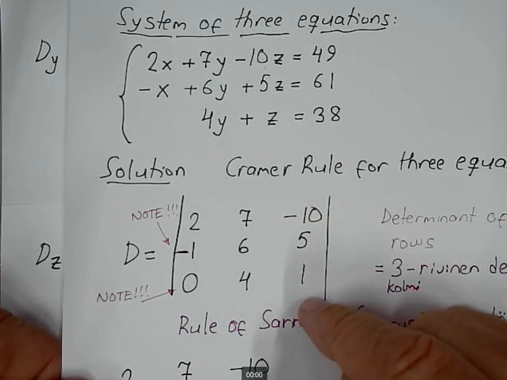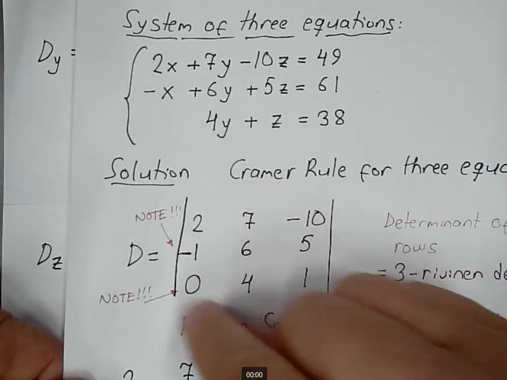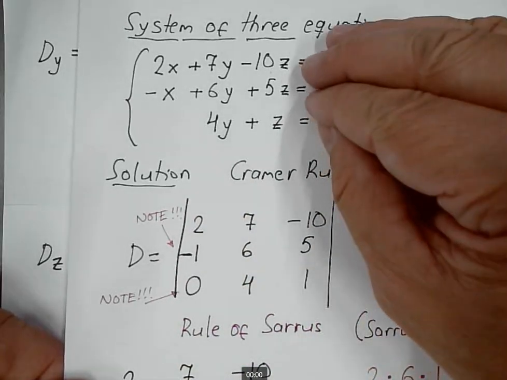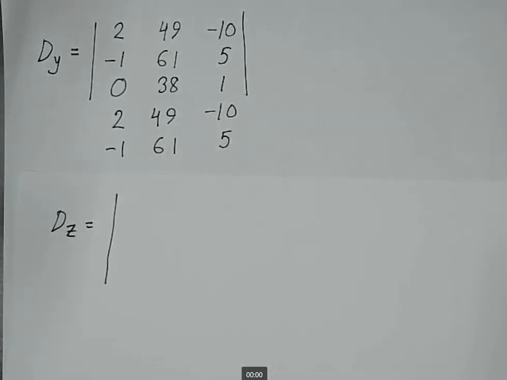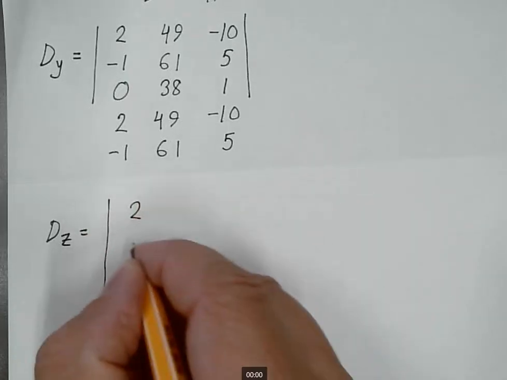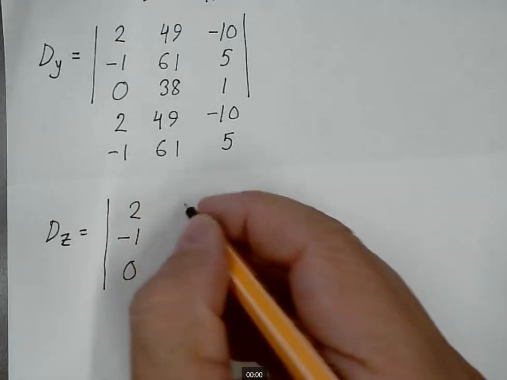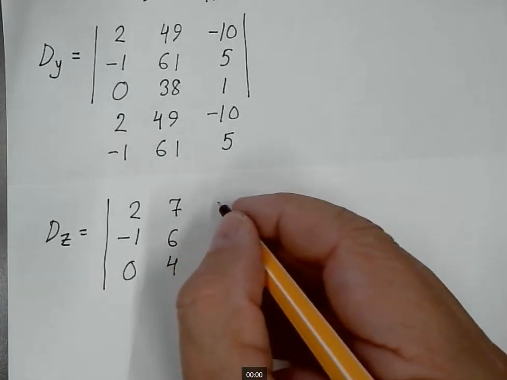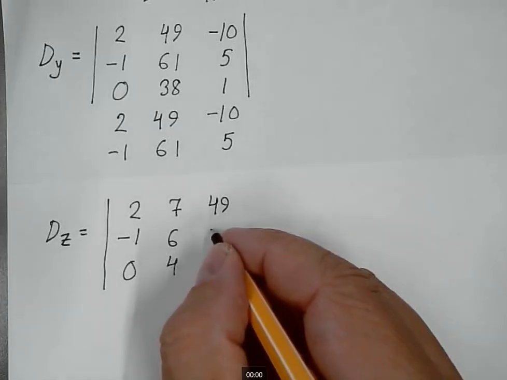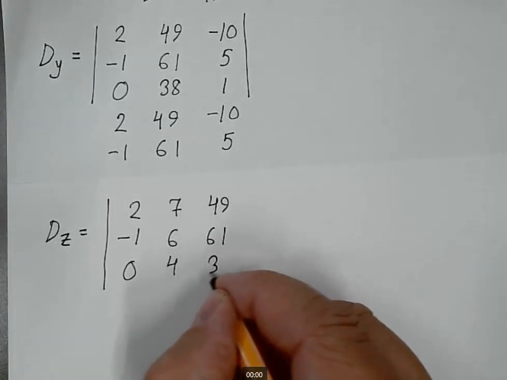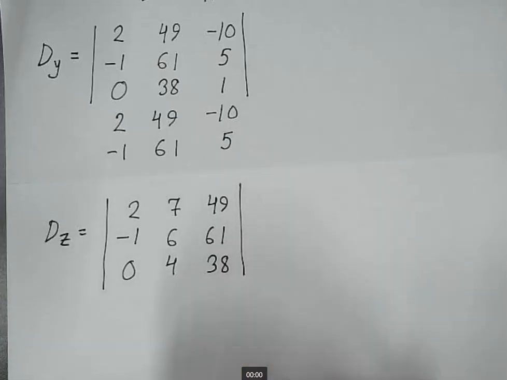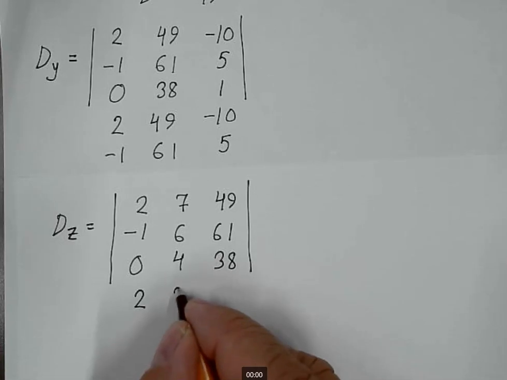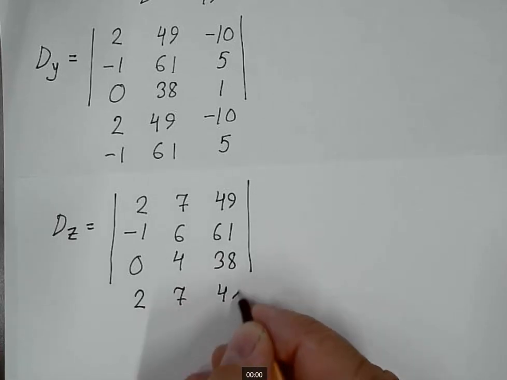So the first two columns of this determinant will be the same, but the third one will be changed. So we have 2, minus 1, 0, 7, 6, 4, and then the last ones are the numbers in the right hand side of the equation. And again copy the first two rows.